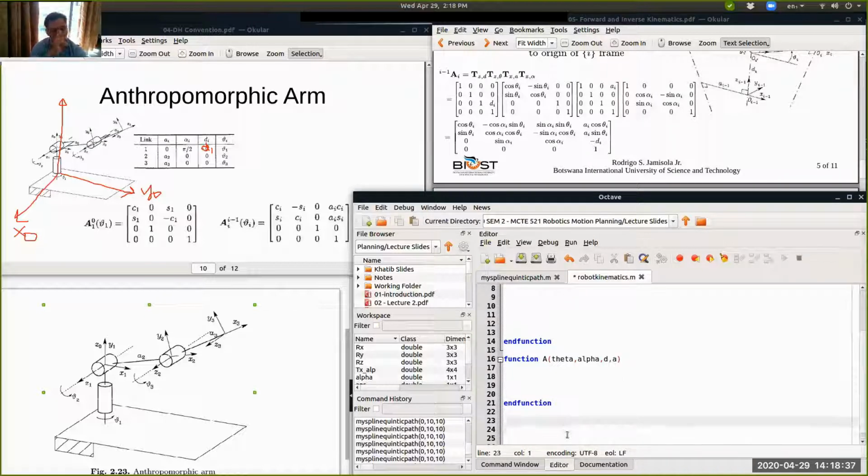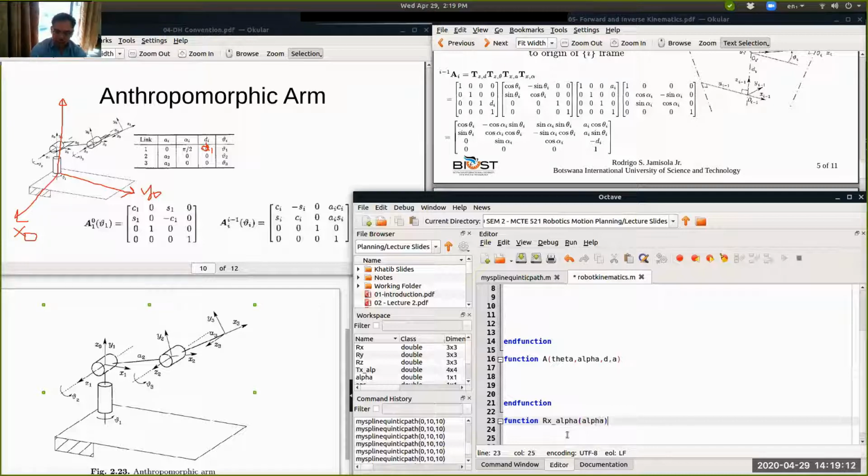And so let's just compute the rotation Rx, a basic rotation function. Let's compute the basic rotation just like what we did. Rotation about X, Rx alpha. Okay, that's fine. And so this is function Rx alpha, and it accepts alpha.